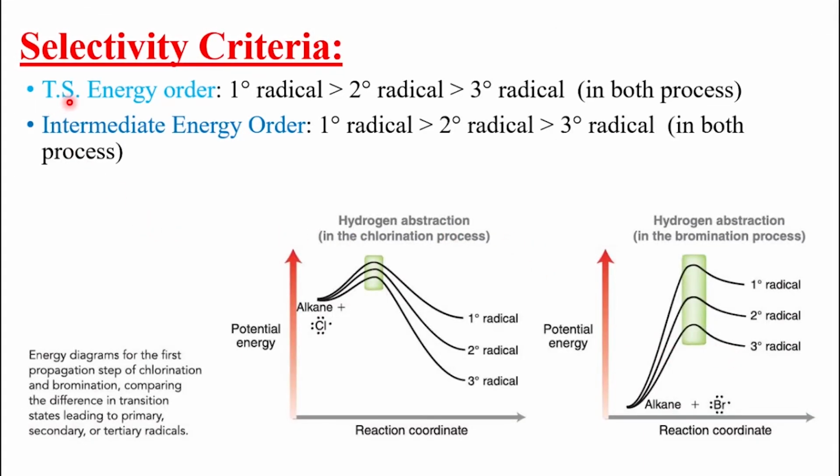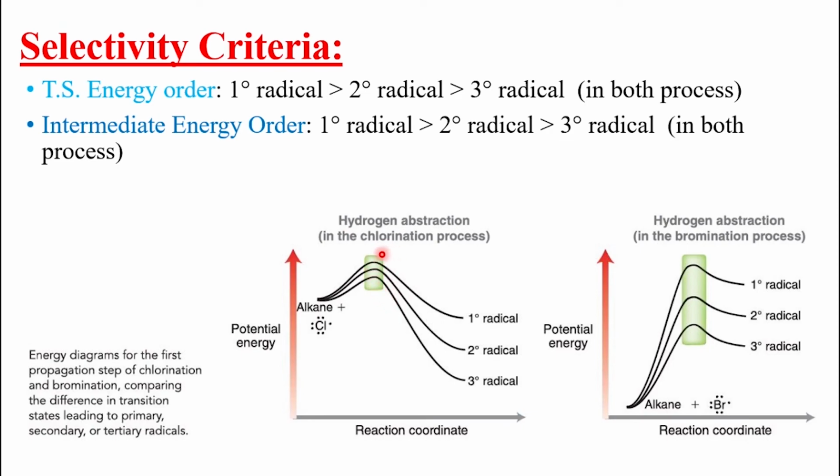Selectivity criteria. Here in the chlorination process as well as in the bromination process, the same order is followed. The difference here is activation energy. Here activation energy is small. In the selectivity criteria, transition state energy as well as intermediate energy follow the same trend, but the reasons for both of them are different.